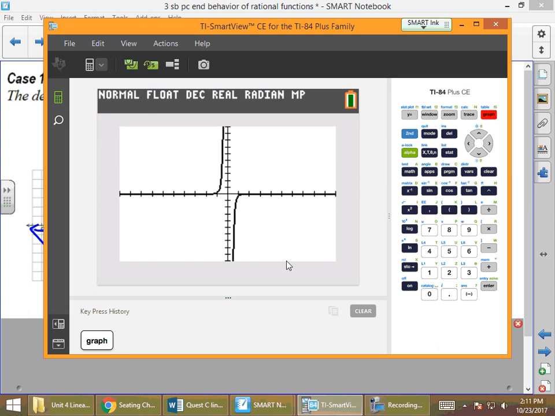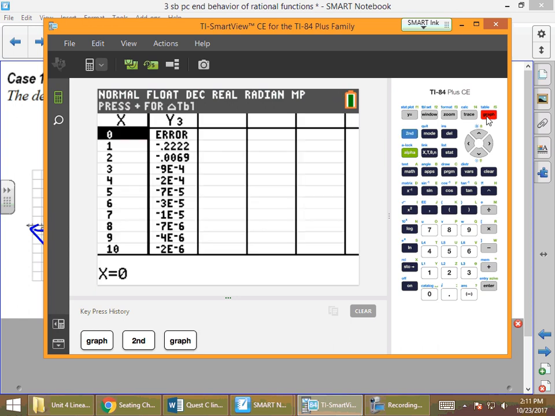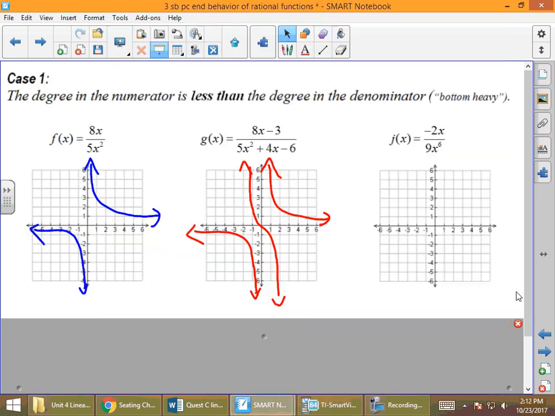One of the ways that we can tell is if we go to the table, and we see these values, like negative 9e to the negative 4. That means 0.0009, or 0.0002, and they're negative, sorry, negative 0.00007. It's in scientific notation. But we're getting closer and closer, with more and more zeros in front, to zero.